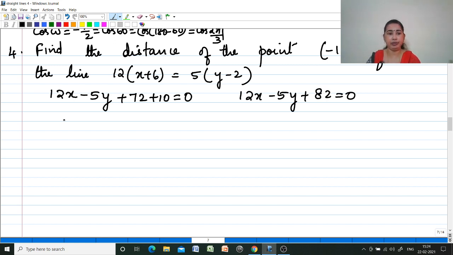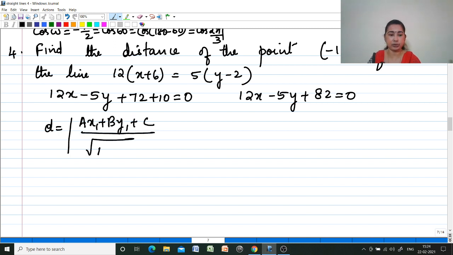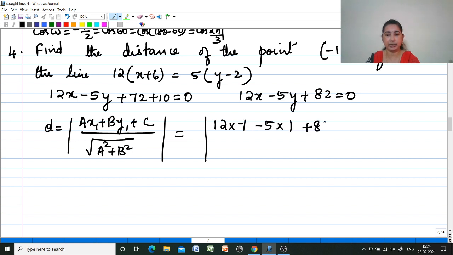Now we have to find out what is the distance. We know the formula, distance is equal to modulus ax1 plus by1 plus c divided by root of a square plus b square. That is equal to modulus 12 into minus 1 minus 5 into 1 plus 82 divided by root of 12 square plus minus 5 square.